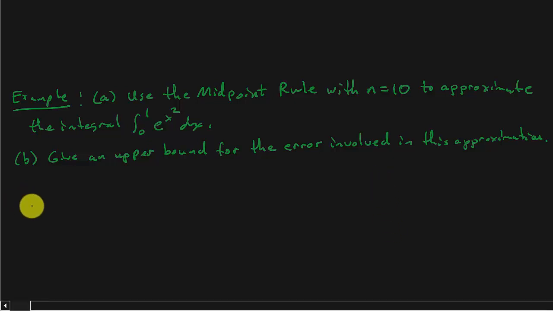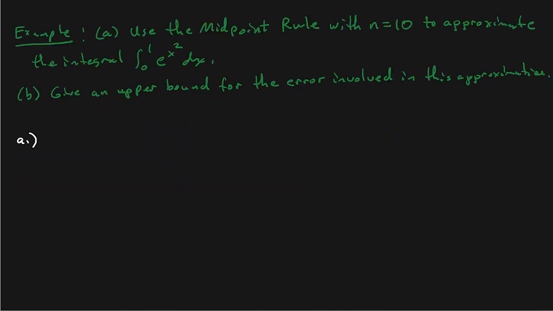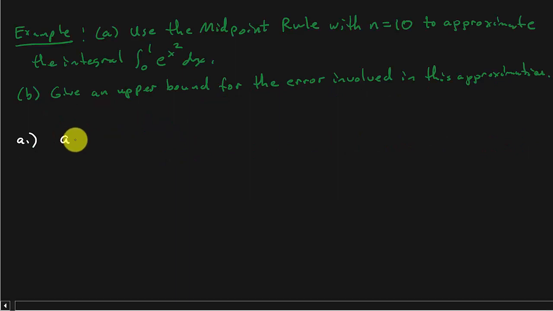For part A, we've got a equal to 0, b equal to 1, and n equal to 10. First, let's find delta x.